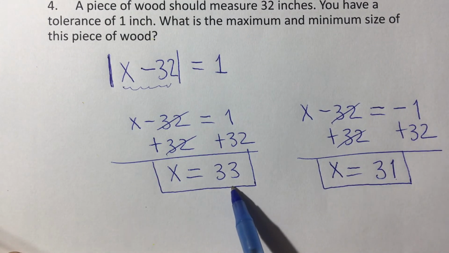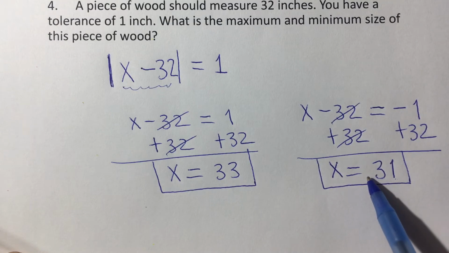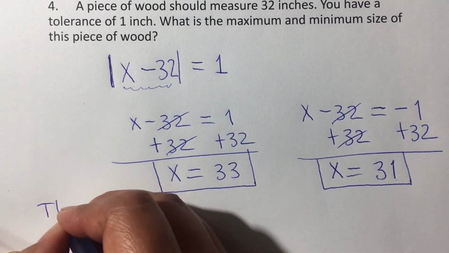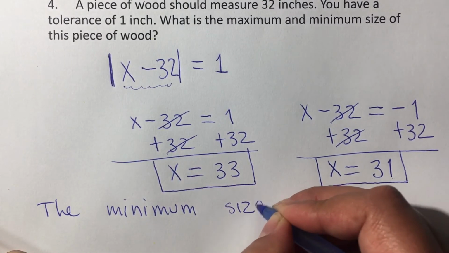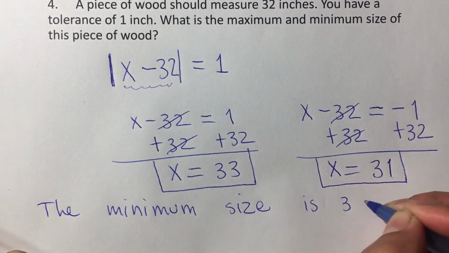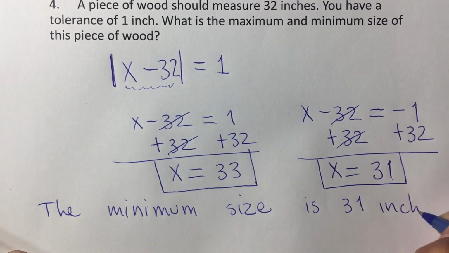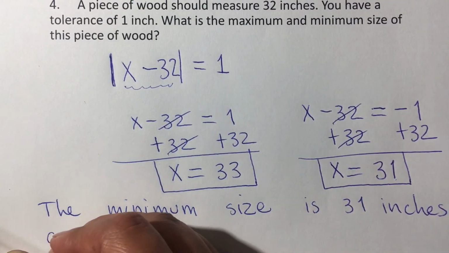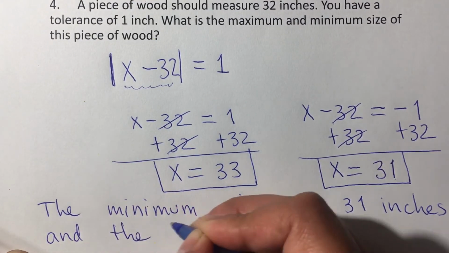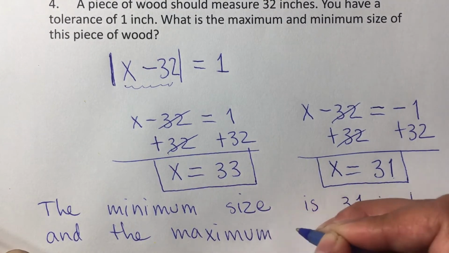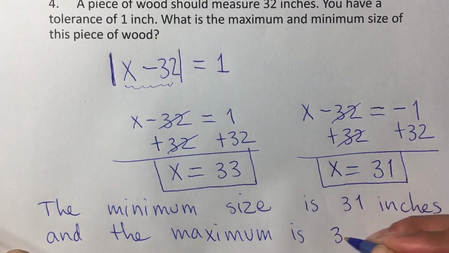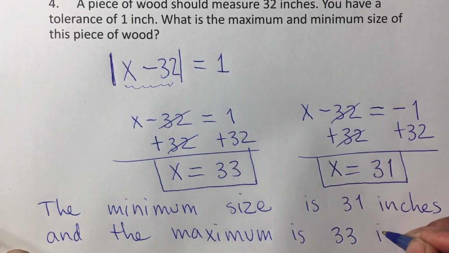This will be the maximum and this will be the minimum size. So the minimum is 31 inches and the maximum is 33 inches.